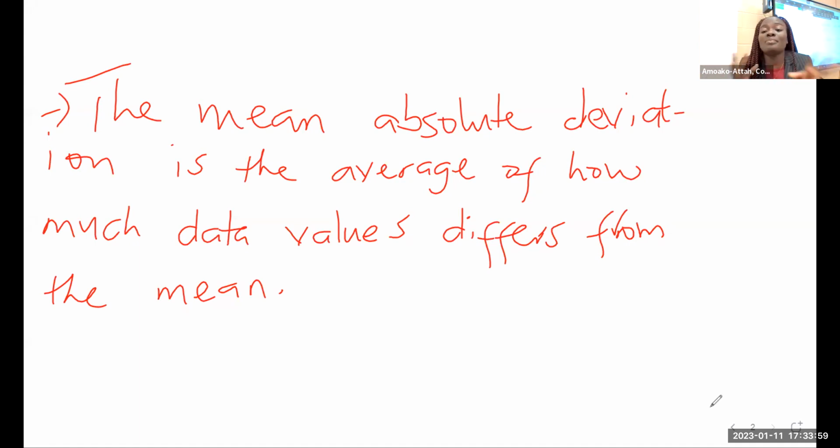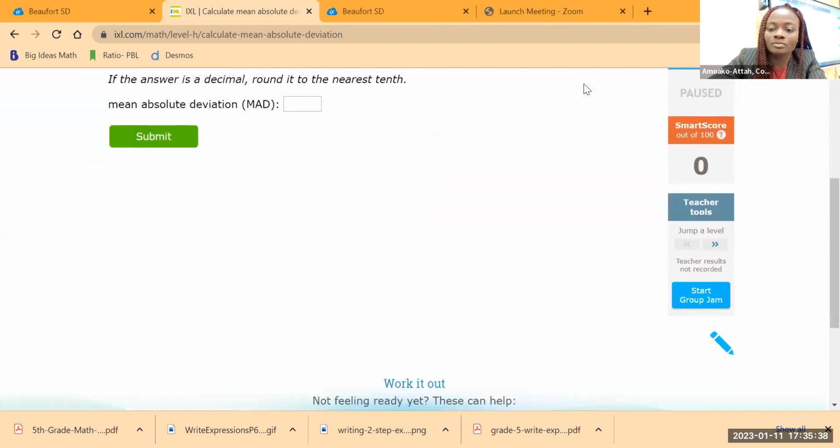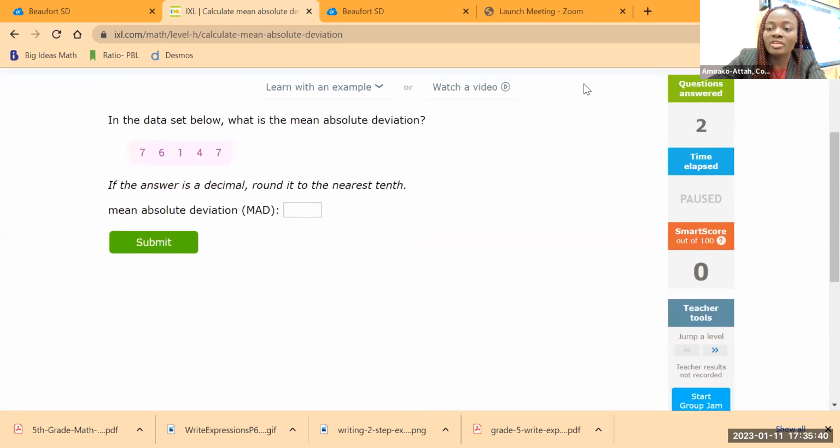So now we are going to pick some examples and solve together. In the data set below, how do we find the mean absolute deviation of the data given to us? I'm going to take you through the steps.